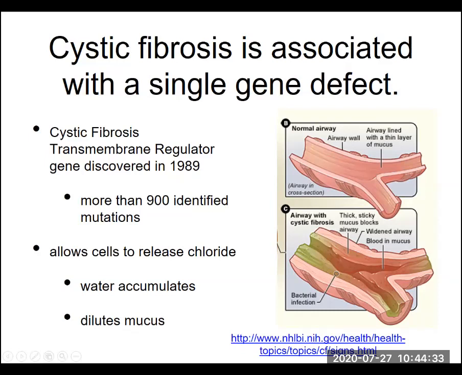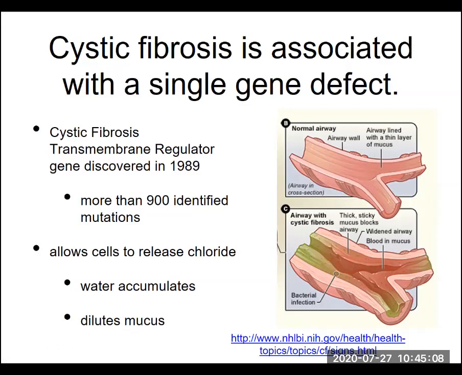Normally, we're going to maintain a moist surface along the inside lining of these cells. So it's going to be moist along the inside of your body. The reason for that is that special cells within the airway are secreting mucus. It's going to form this kind of moist covering along it. It keeps it moist, it keeps it clear, and everything's fine. Now, within these normal cells, they have a functioning cystic fibrosis transmembrane regulator protein.